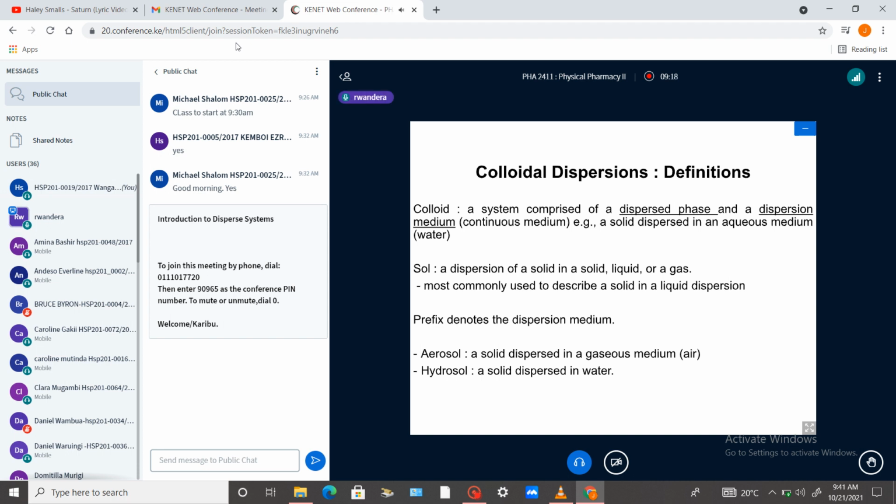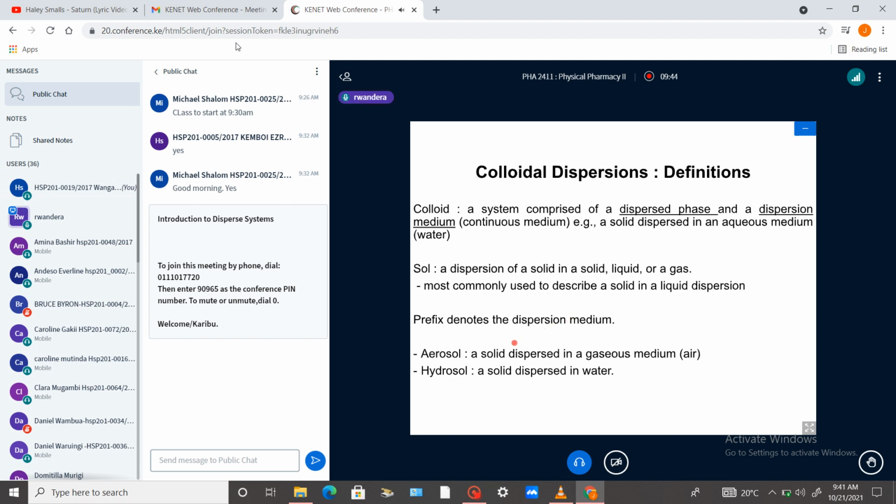So we have an example, a sol, which forms a dispersion of a solid in a solid, or a dispersion of a solid in a liquid, or a dispersion of a solid in a gas. But most commonly, we use it to describe a dispersion of a solid in a liquid. Now, the prefix denotes the dispersion medium.